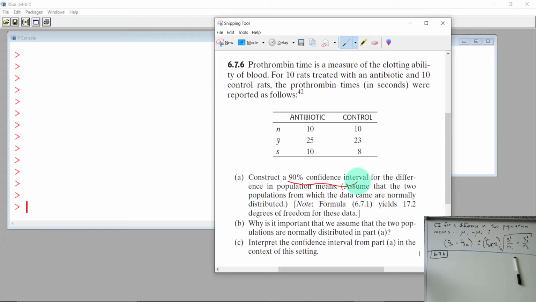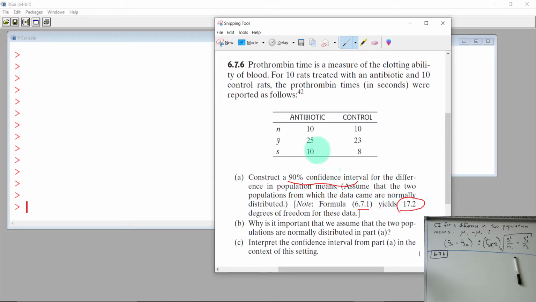There's a note here. Remember, there's kind of an issue with degrees of freedom, like what are we going to use? They are saying that this formula, that really intense Welch-Satterthwaite degrees of freedom formula, they computed that for you because it's obnoxious, and that's the degrees of freedom that we'll use. Okay, so we've got all the elements in place here, right?